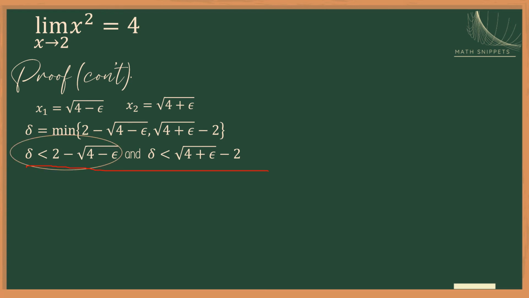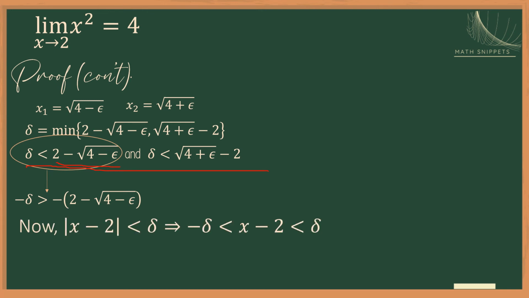Now look at this. If we multiply the inequality by a negative sign, we reverse the inequality symbol. So this gives us negative delta is greater than the negation of 2 minus square root of 4 minus epsilon. Now, if we recall, this inequality implies this inequality.